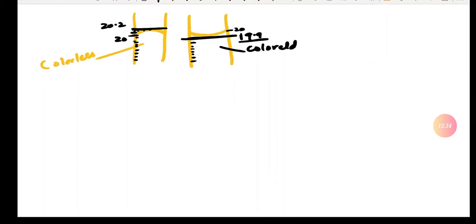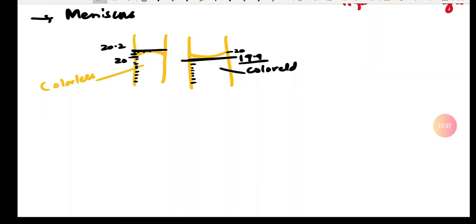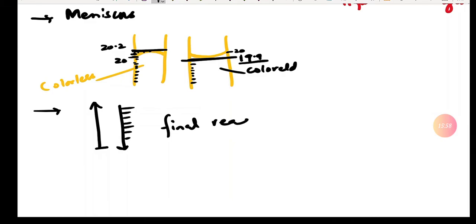One thing you also need to be careful about is in which way the graduated numbers on the cylinder or on the burette are increasing or decreasing. You should follow them, and then you should come up with your final reading.